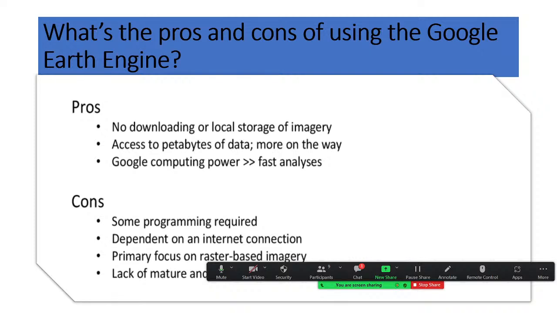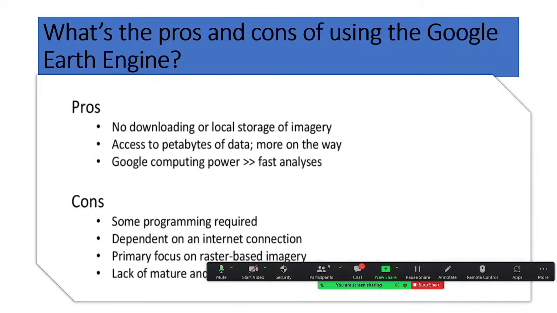You can easily access the Landsat 9 satellite imagery here and work with it. So this is the first advantage: you don't need to download any satellite imagery, and you can access petabytes of data or more on the web. And the computing power is very fast. We can easily work with this, with very fast analysis.